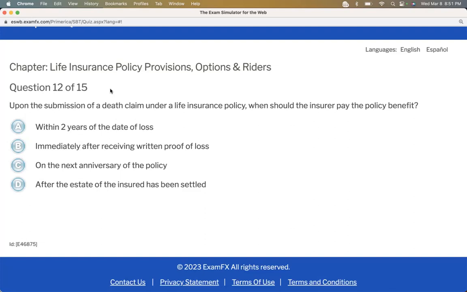Upon submission of a death claim under a life insurance policy, when should the insurer pay the policy benefits? Is it A? Within 2 years of date of loss.